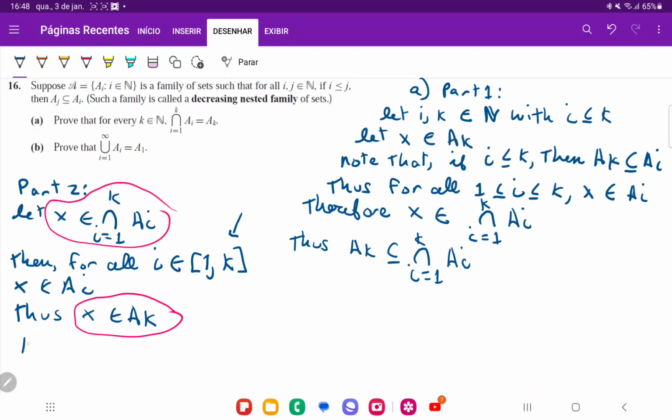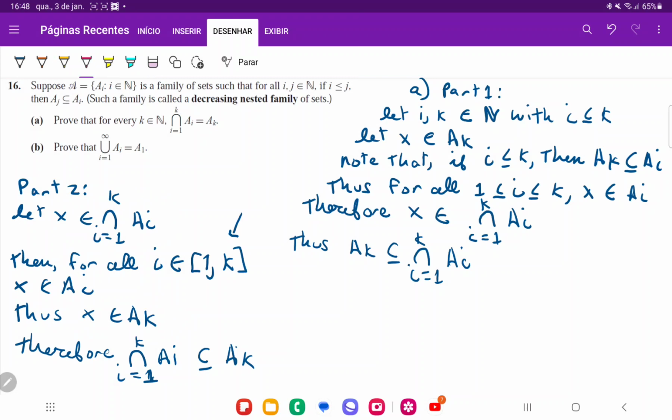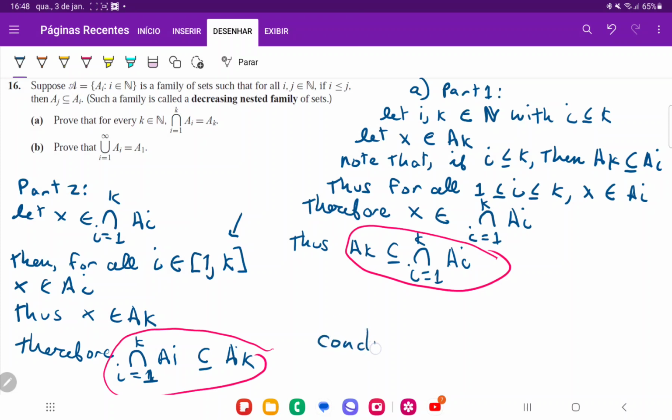Our conclusion is, therefore, the intersection from i equals 1 all the way out to k of a sub i is a subset of a sub k. So we have shown a double inclusion: we have shown this, and we have shown that. So our conclusion is that they are the same.